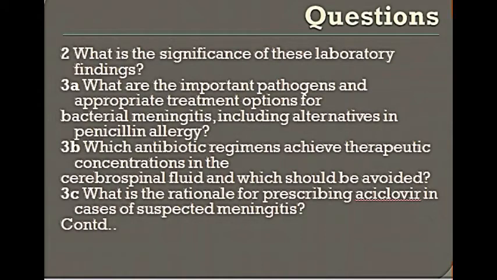While vancomycin has poor CNS penetration, it is prescribed routinely in countries with penicillin-resistant pneumococcus, and it is found very effective in treating S. pneumoniae, but not effective for Neisseria meningitidis or Haemophilus influenzae.